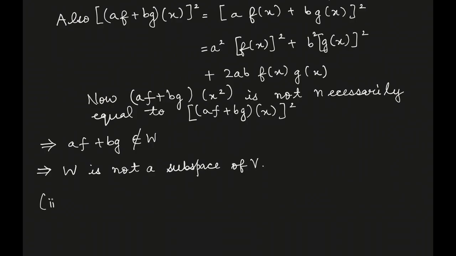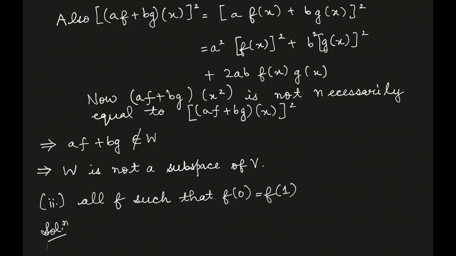Second part, all f such that f(0) is equal to f(1). Let W be equal to the set of f belonging to this vector space V such that f(0) is equal to f(1).